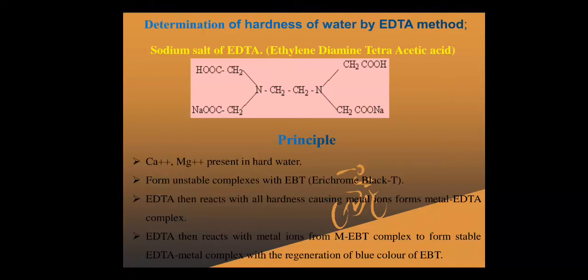On addition of EDTA from the burette, the metal EBT complex reacts with EDTA to form a stable metal EDTA complex, and the EBT is regenerated with the blue color.